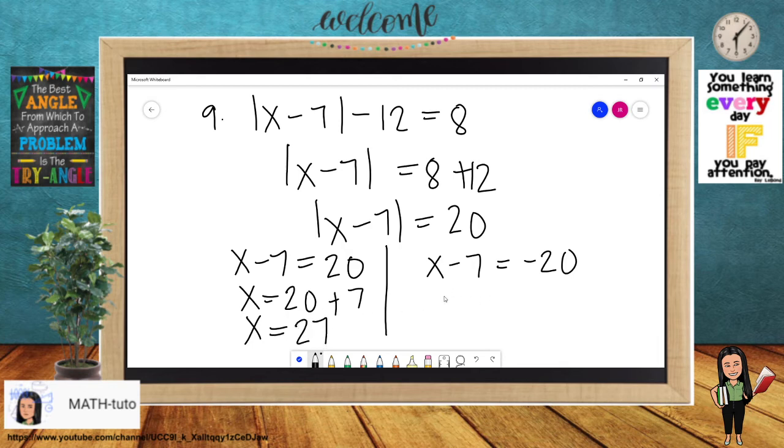On this side, we have x equal to negative 20 plus 7, which is negative 13. Okay, so x is equal to 27 and also negative 13.